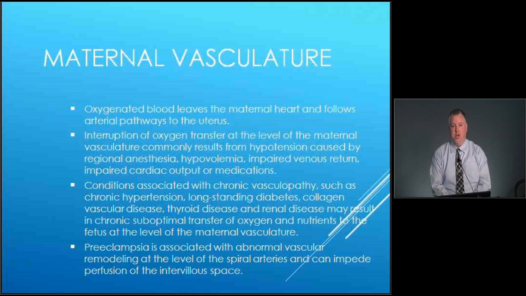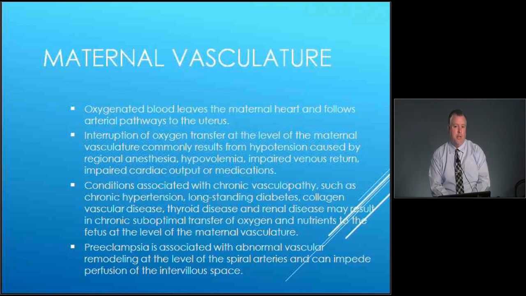Some conditions are associated with chronic vasculopathy, such as chronic hypertension, long-standing diabetes, concomitant vascular disease, thyroid disease, and renal disease. All result in changes to mom's vasculature that will then result in chronic suboptimal transfer of oxygen and nutrients to the fetus because the mom's vasculature is not responding appropriately.